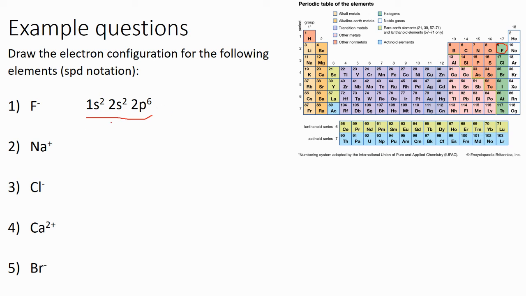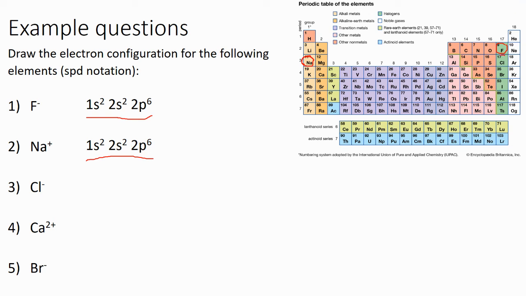Sodium atom is here on the periodic table. It's got 11, but as a metal it has lost 1 electron, so it's got a charge of plus 1. So it's 1s2, 2s2, 2p6. It is actually the same, so it's got a full shell. It's isoelectronic with the fluoride ion: 1s2, 2s2, 2p6.